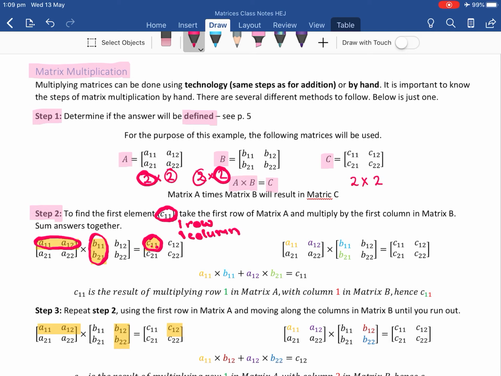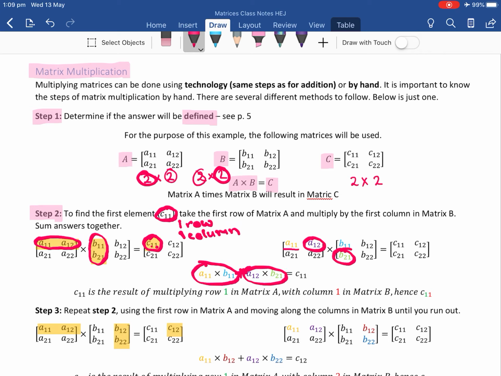This is really well color coded. Over here we've got A11, and we need to multiply it by B11, which is here. And then you need to add A12 by B21, which is this bit here.